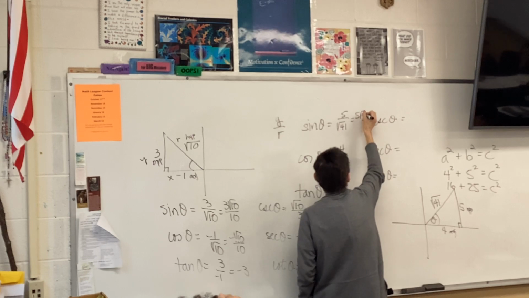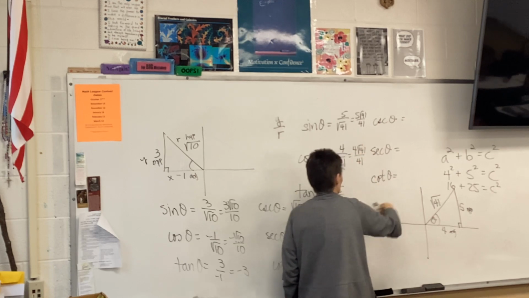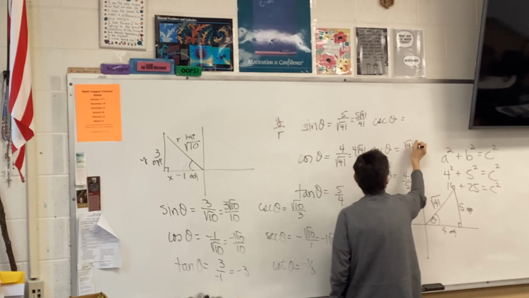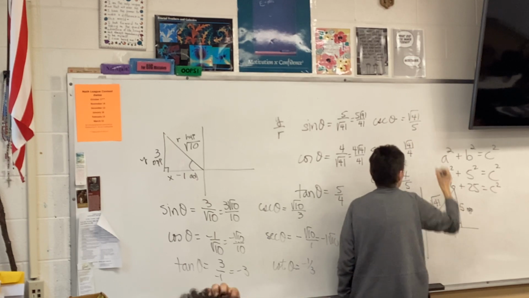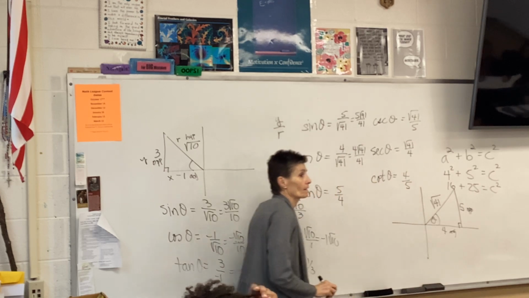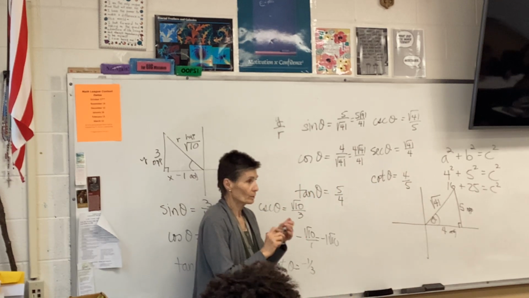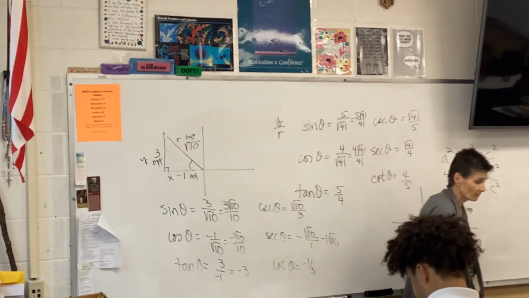So 5 root 41 over 41, 4 root 41 over 41. And now I flip them. How's that look to everybody? Golden? Excellent. All right.